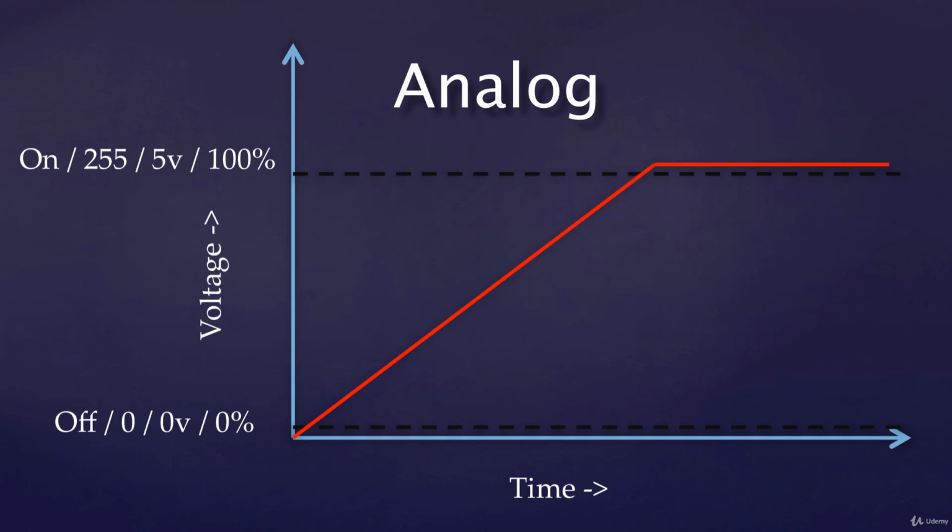You might have noticed the markings on the left-hand side here. So, you would have seen off and on, that's fairly obvious, but the 0 and the 255 is a little bit different. The Arduino, because it is actually a digital system, is breaking down an analog, so a continuous range, into discrete parts so it can understand.